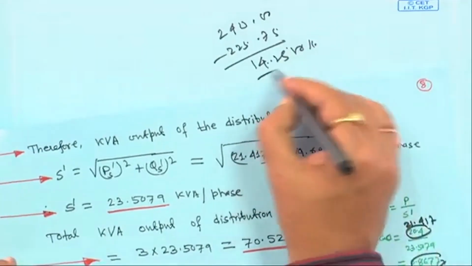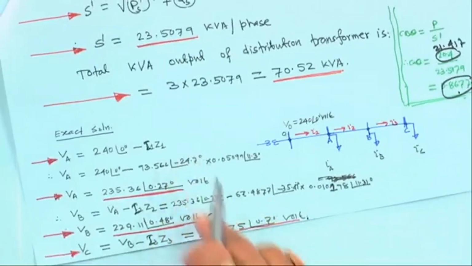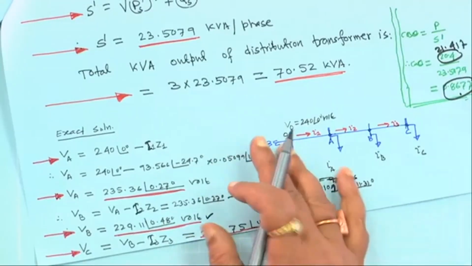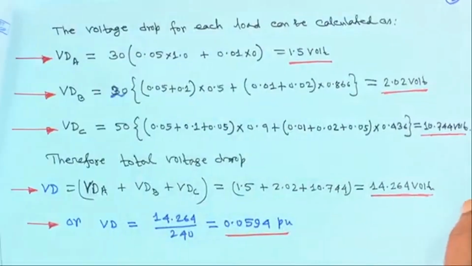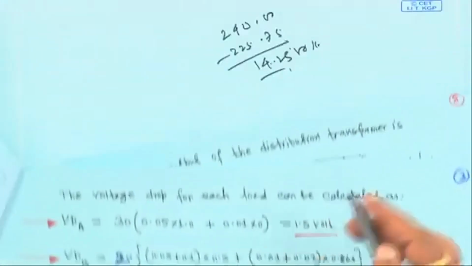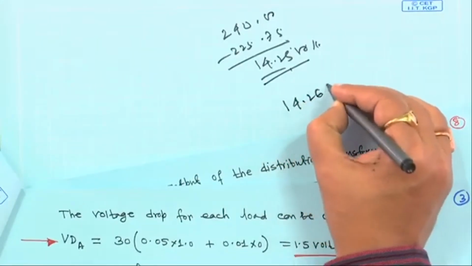This one we got using the voltage calculation, because there is no iteration here, all currents are known to you. And earlier, for the voltage drop method, how much did we get? 14.264. So, here it is coming 14.25 and there it is coming 14.264.